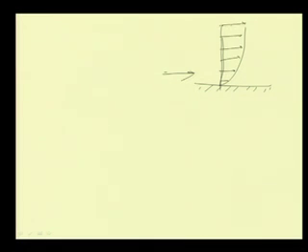So, here I will say this is V x infinity, and here the temperature is T infinity, and we see that velocity changes along this direction. The temperature also changes along this direction.